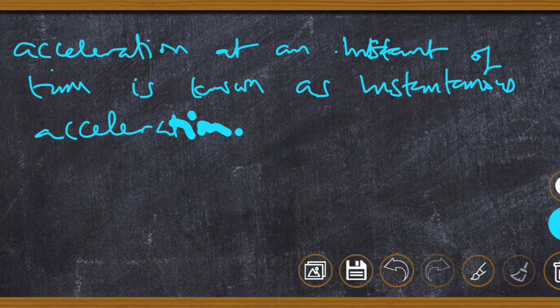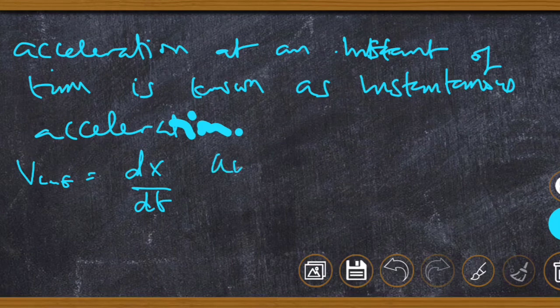Now, let's find how to find our instantaneous acceleration. Don't forget I said instantaneous velocity, which is velocity at every instant of time, is taken as dx over dt. Again, average acceleration is always equal to change in v over change in time.